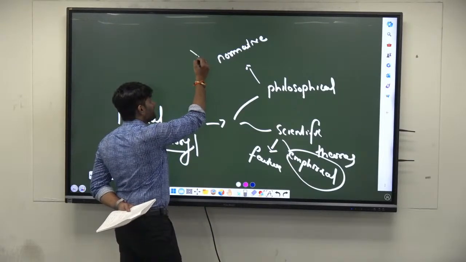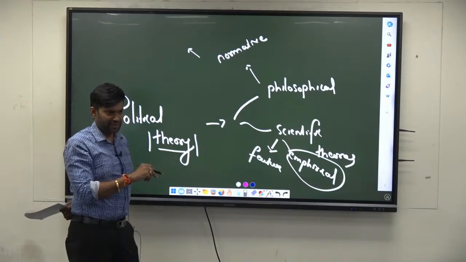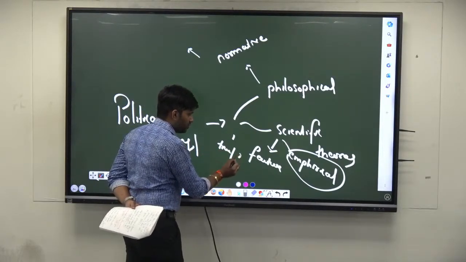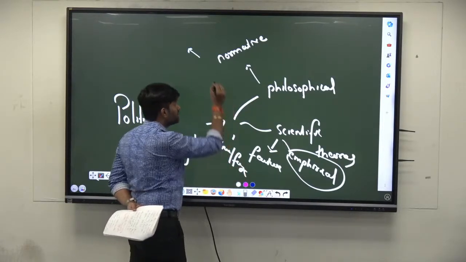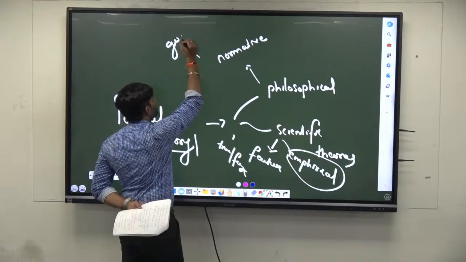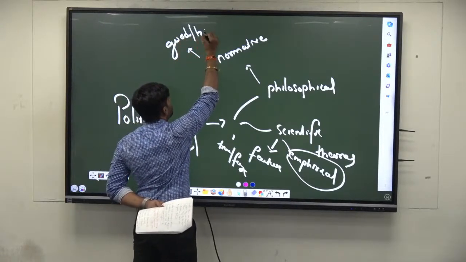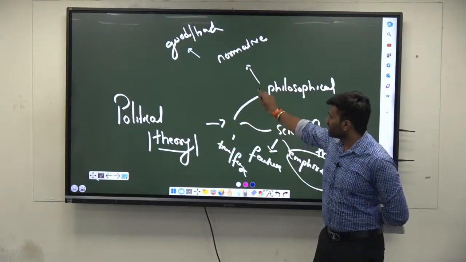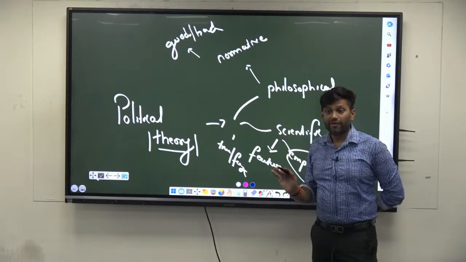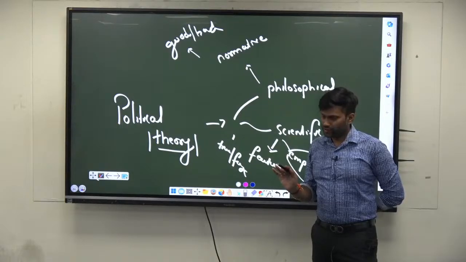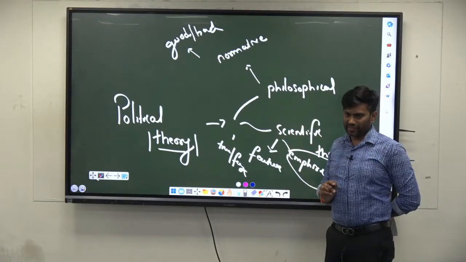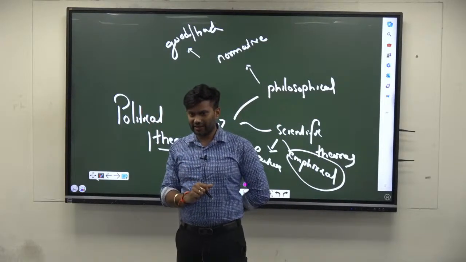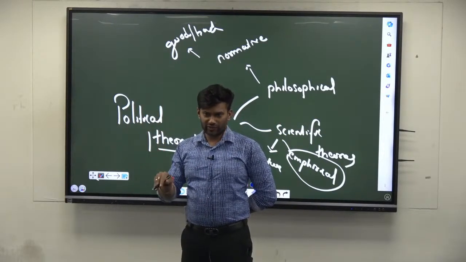So normative largely deals, if you take empirical, largely deals with the question of true or false. This largely deals with the question of good or bad, and this cannot be scientifically verified. So Plato, when he said philosopher king, one who has extreme knowledge, etc., he gives a very philosophical approach to it.